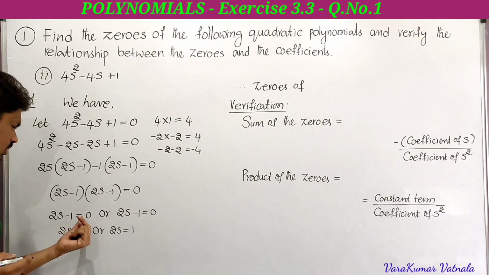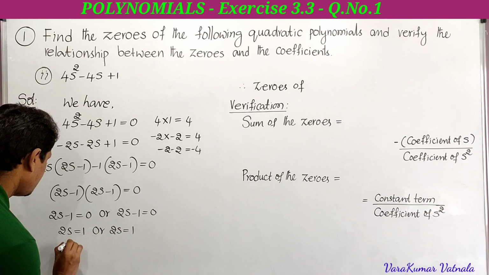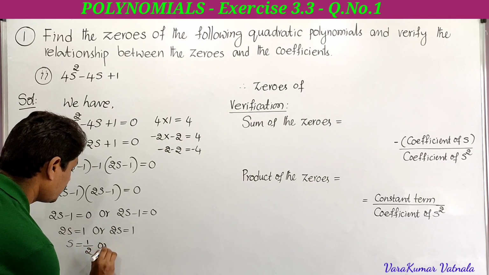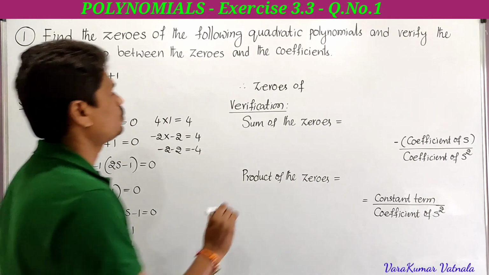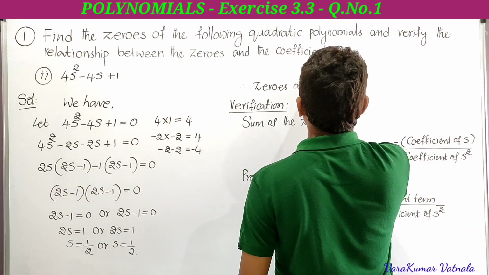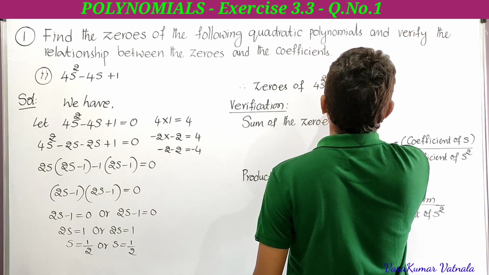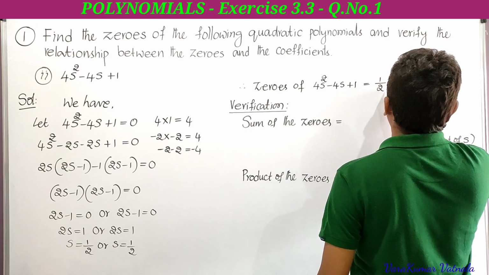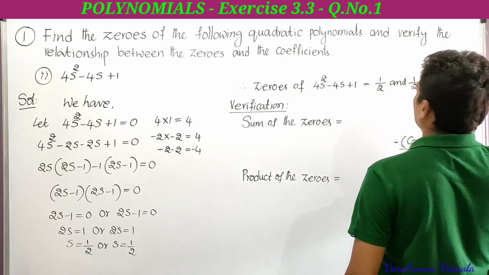So take minus 1 to the right side, it becomes 2s equal to 1 or 2s equal to 1. Take 2 to the right side, we get s equal to 1 by 2 or s equal to 1 by 2. So therefore the zeros of 4s square minus 4s plus 1 are 1 by 2 and 1 by 2. It has two equal zeros, 1 by 2 and 1 by 2.